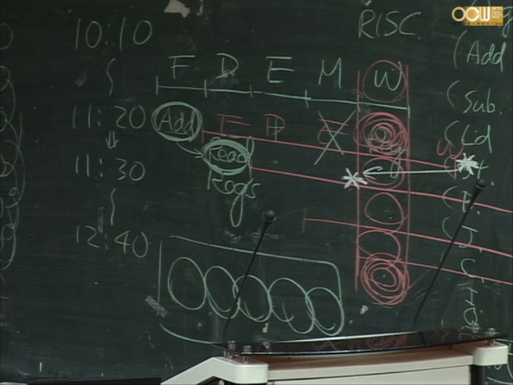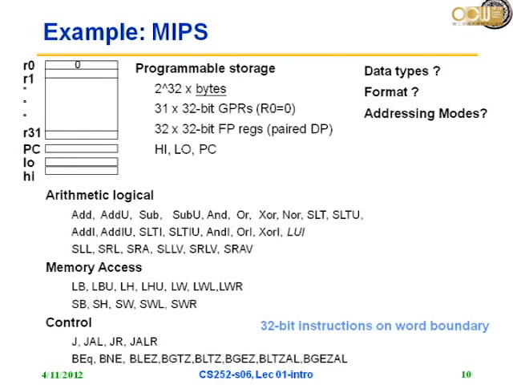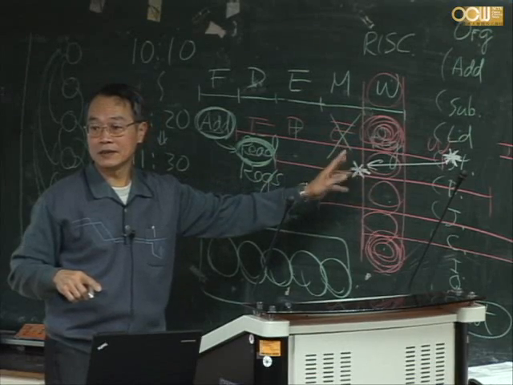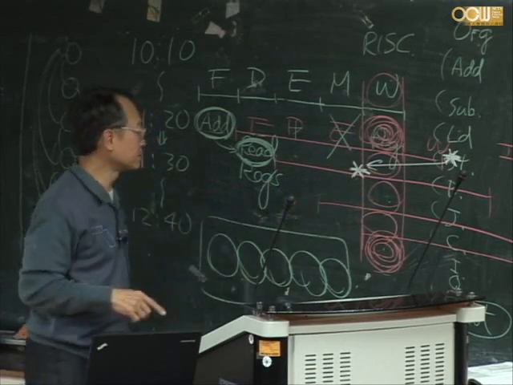Okay, so that's the so-called dependency hazard. This instruction will need to be stalled, halted, until the result is available. We have very good schemes to solve this problem.